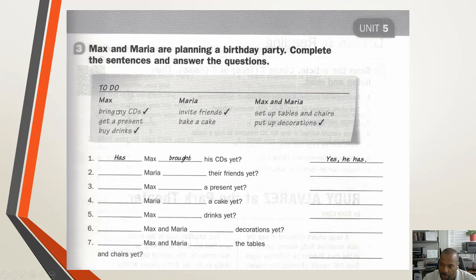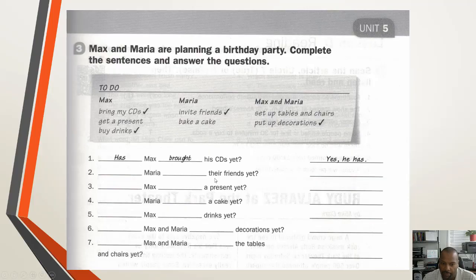Alright, and we're going to use the to-do list to answer these questions. So take some time, pause the video, work on answering questions 2 through 7, and then we'll come back and I'll show you what I put on these.